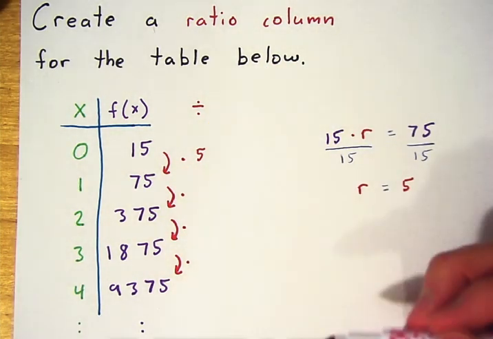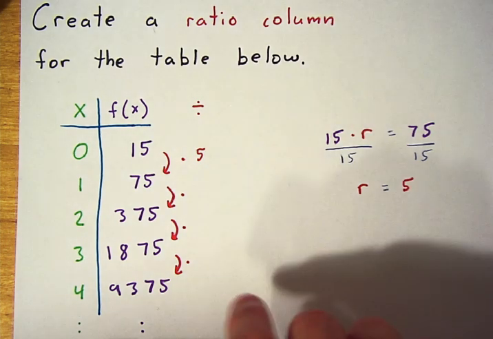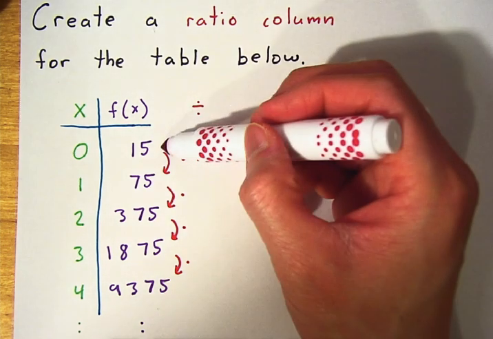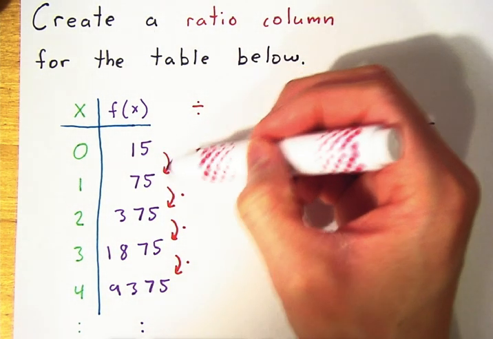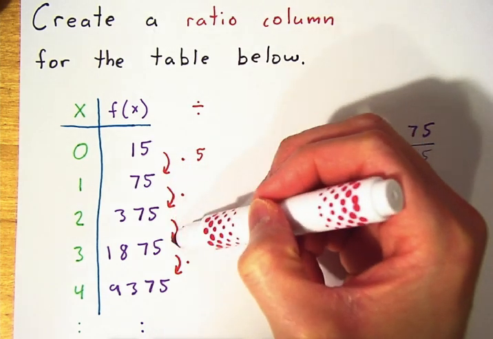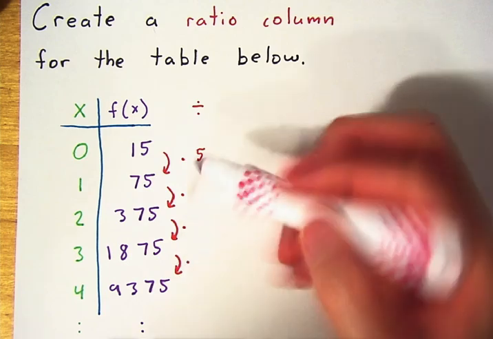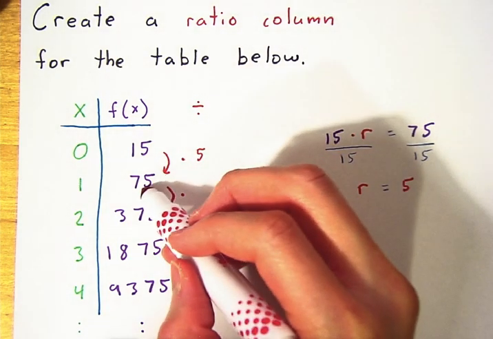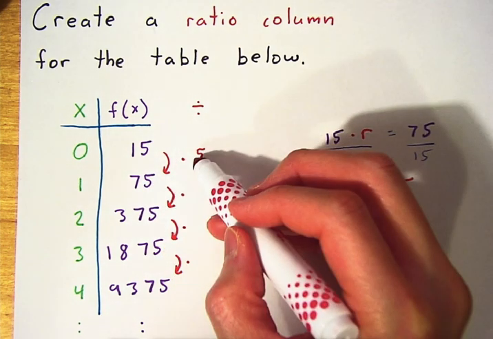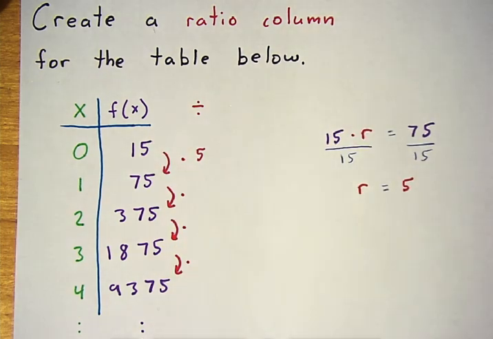Another way you could have done this is, if going in this direction is multiply, multiply, multiply, you could have gone backwards and just said 75 divided by what gets you 15. And you could set up an equation like this as well.